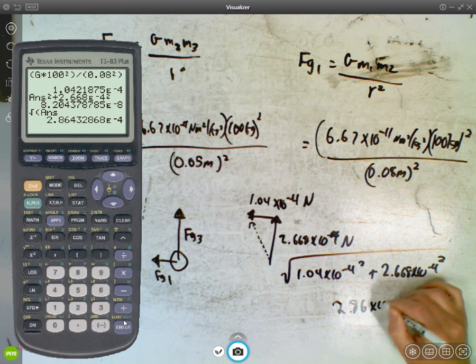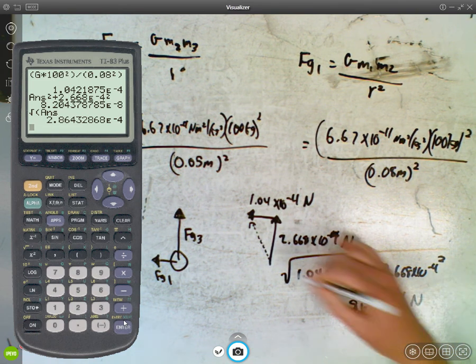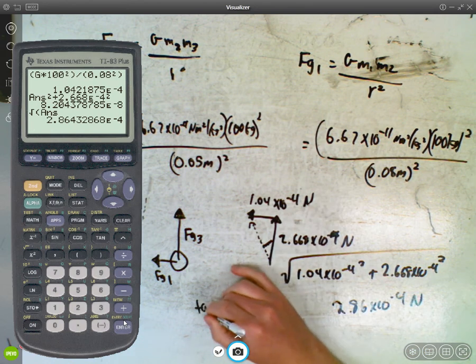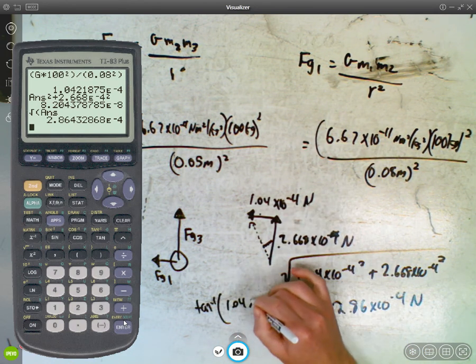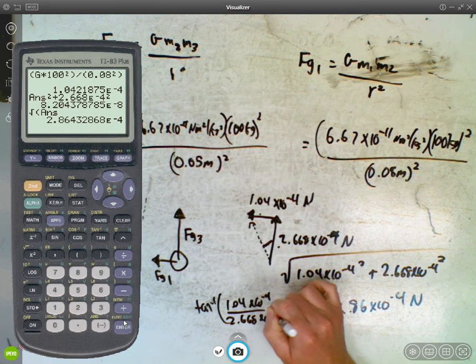2.86. There's only one sig dig, but whatever, that's a screw up on my part. So that's the net force, right? And then we also need an angle. So we'd have to go tan negative 1 of opposite over adjacent, so 1.04 times 10 to the negative 4 over 2.668 times 10 to the negative 4. So I'll have to tan negative 1 those.